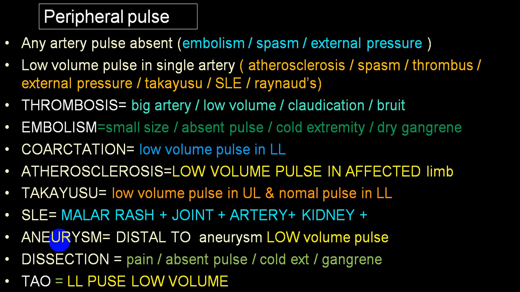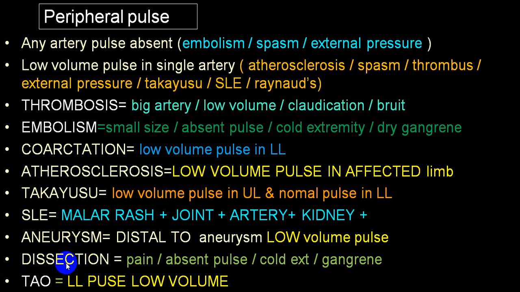In case of coarctation, because there is increased resistance, the blood pressure is elevated, volume is high, but in case of aneurysm, in the artery which is arising before the aneurysm, volume will be normal, pressure will be normal. So this is the difference between aneurysm and coarctation.